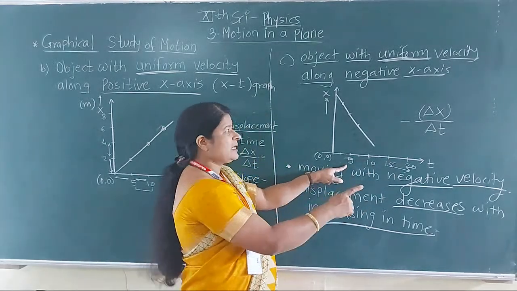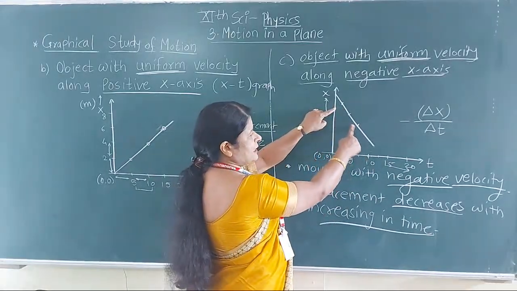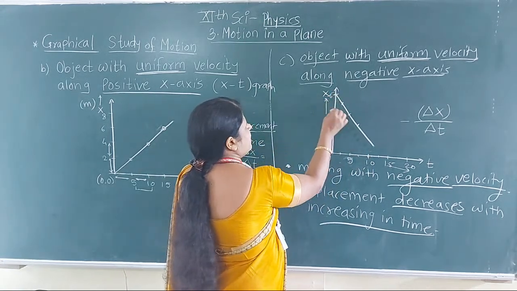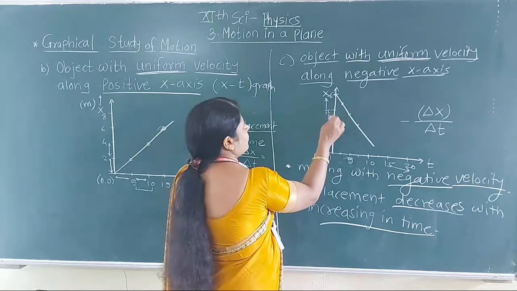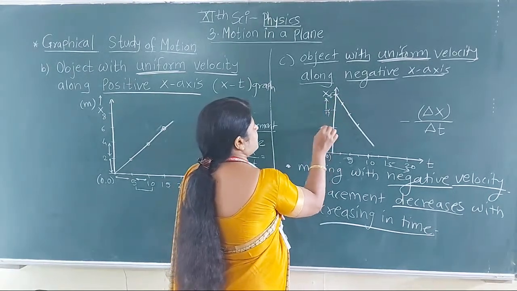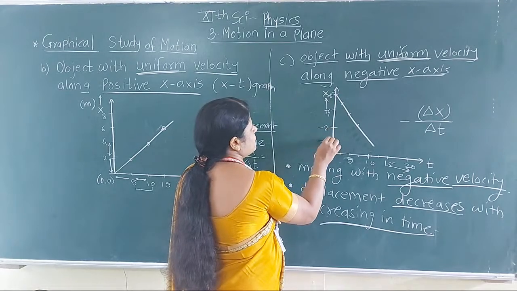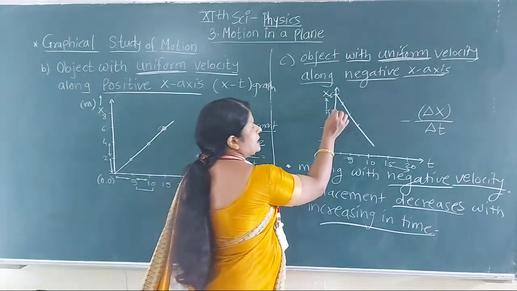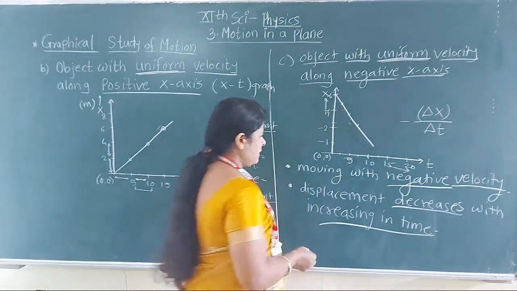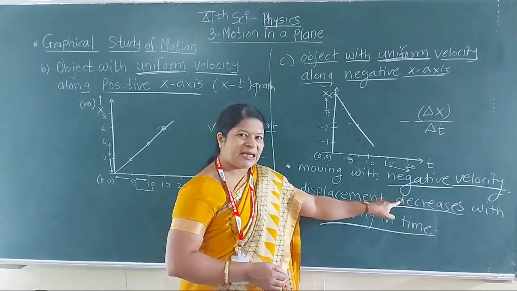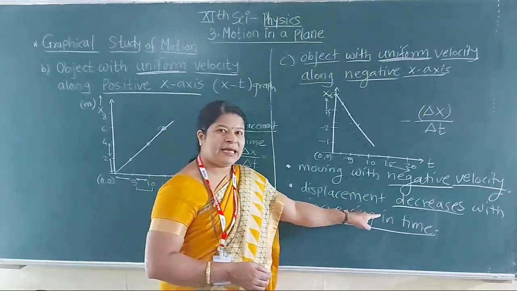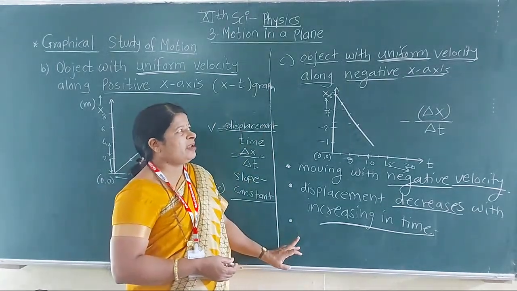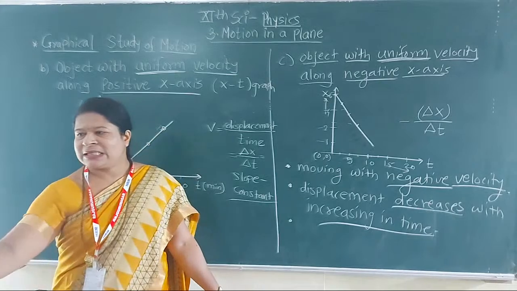That means time increases, but displacement of the object decreases. So if there is minus 6 meter, here is minus 4, minus 2, minus 1, like this. That means the displacement of the object decreases as time passes. So we write here displacement decreases with increase in time. This is the important point for a uniform velocity along negative x-axis.